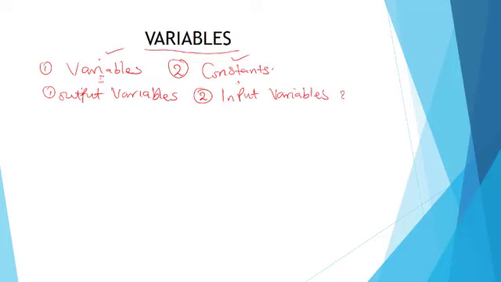Number 3, we have random variables. Number 4, we have exogenous variables, and number 5, we have decision state variables.